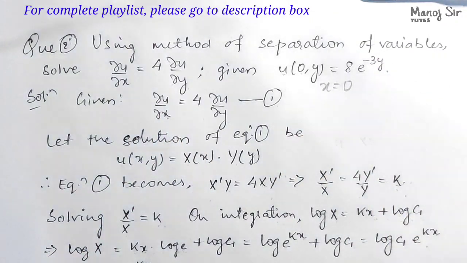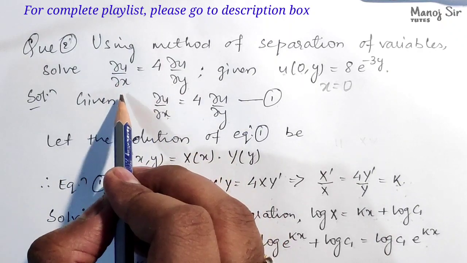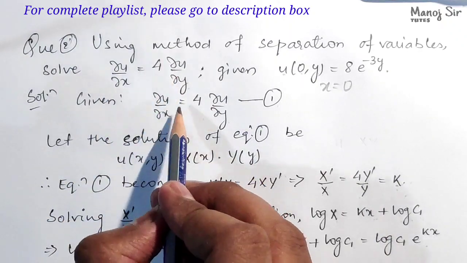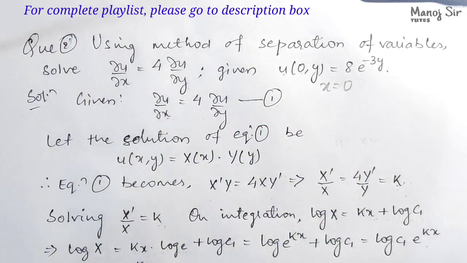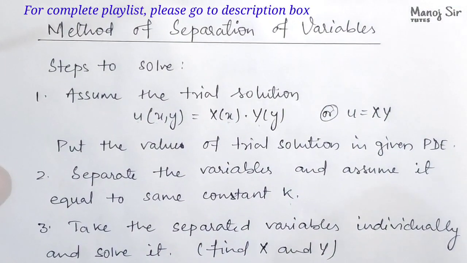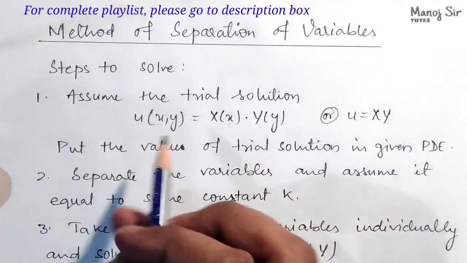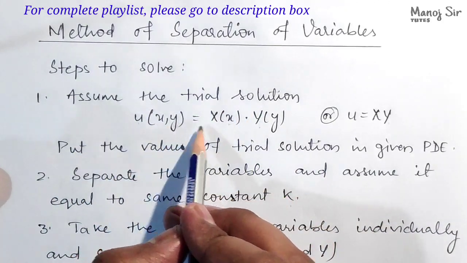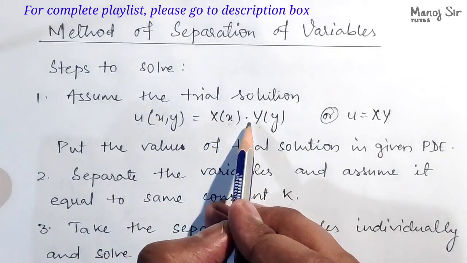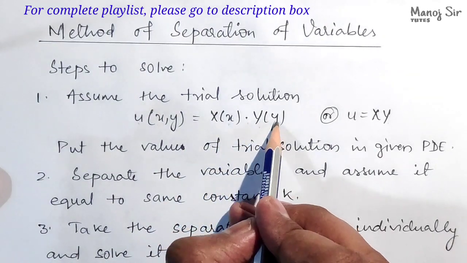The given partial differential equation is del u upon del x equals 4 times del u upon del y. Let's suppose this is my equation number 1. The first step is to assume the trial solution, that is u, a function of x comma y, equals capital X, a function of small x, into capital Y, a function of small y.